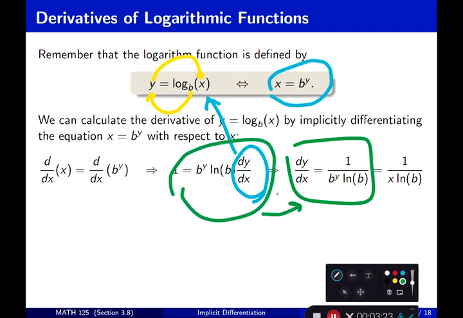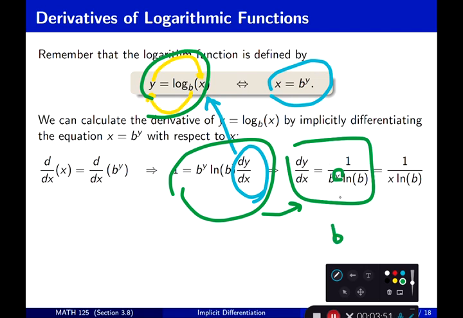Now the next step though is that I have an explicit solution for y. I can replace y here with its value, which is log base b of x.